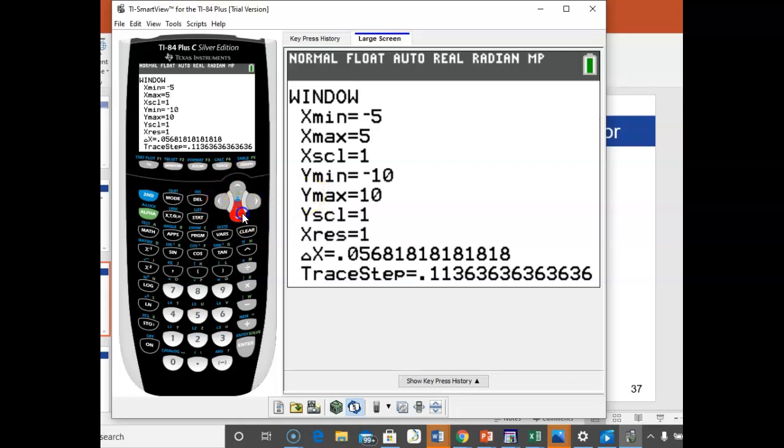And then the Y minimum, we're actually told that we're going to use a -1. And then for the Y maximum, we're going to use a 2. We're going to leave everything else the same. And we're going to press graph.